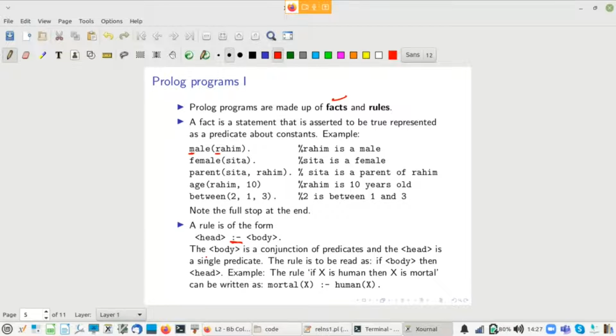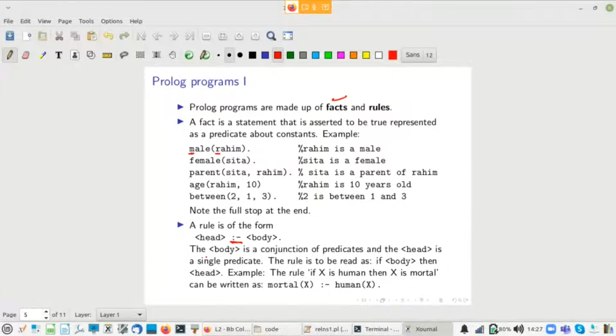You have to read it in the reverse direction. The head is a simple predicate, just a predicate with arguments. The body is a conjunction of predicates on the right hand side, usually separated by commas.